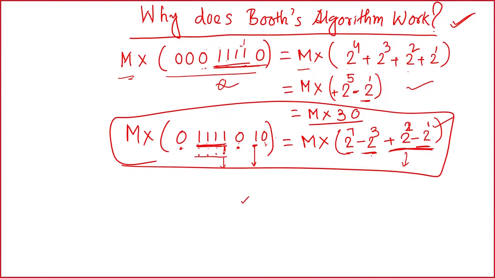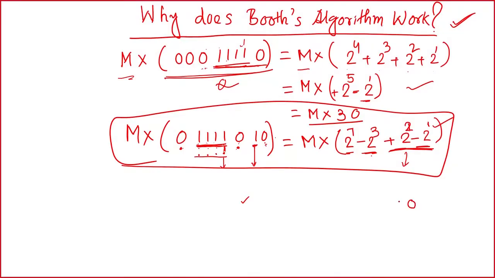Okay. So, first we talk about the positive number. Let us say we have a positive number here. As we know, the multiplier bits basically decide what to do, whether we will do addition, subtraction, or otherwise no operation. So, we are talking about Booth's algorithm.